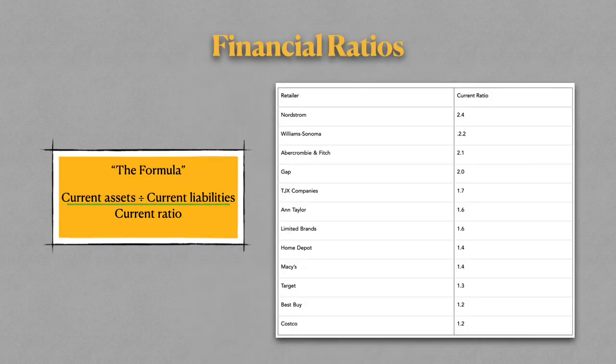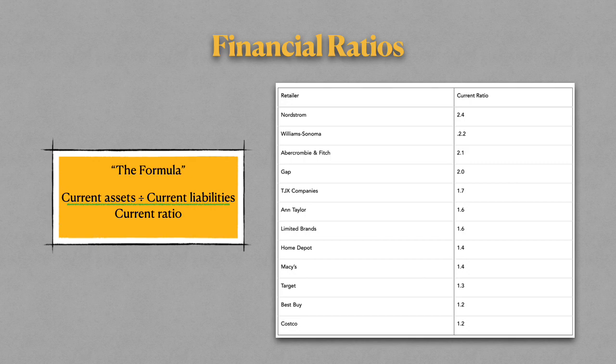Financial ratios are analytical tools based on the relationship between two balance sheet components. They assess an organization's level of solvency or financial stability. A current ratio is the relationship between current assets and current liabilities. A current ratio measures an organization's short-term debt paying ability, or ability to pay off current debts with current assets.